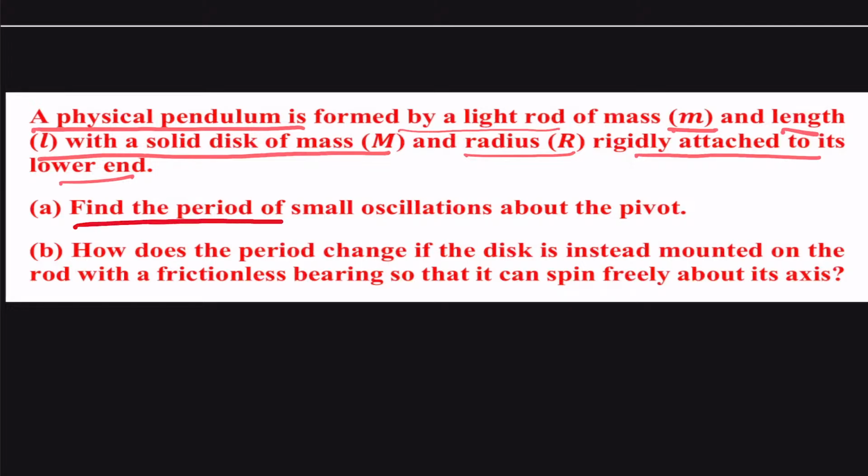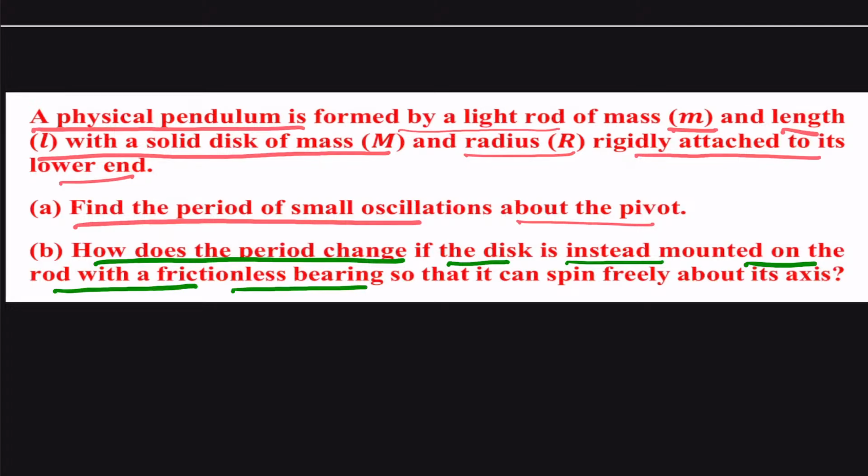First, find the period of small oscillation about the pivot, and B is, how does the period change if the disc is instead mounted on the rod with a frictionless bearing so that it can spin freely about its axis. So for part B we will come later on. First of all we are going to concentrate on part A. In part A we are supposed to find out this oscillation. So we start with part A.